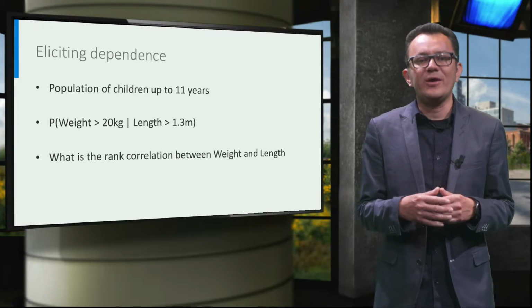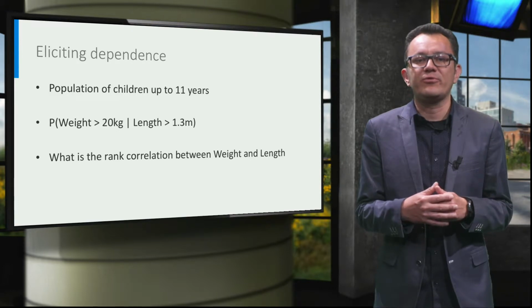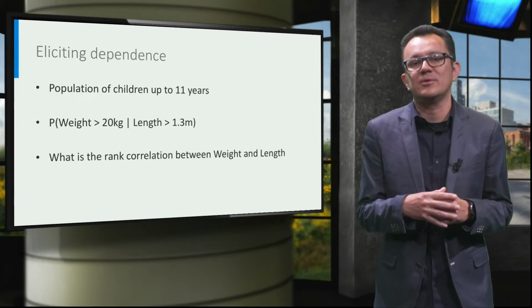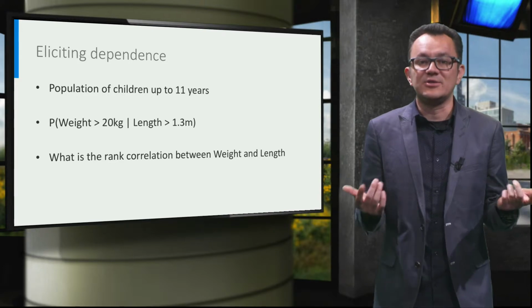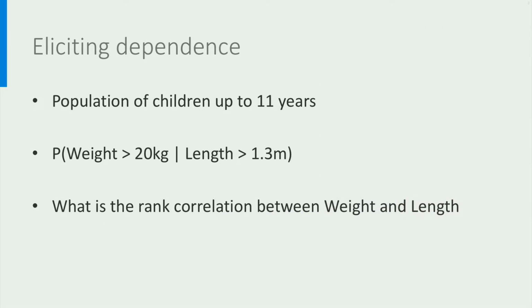But first, what is probabilistic dependence? Well, suppose you want to know something about the probabilistic relationship between weight and length in children not older than 12 years. Experts could be asked questions such as, suppose you take a random member of this population, what is the probability that her weight would be larger than 20 kilograms, given that you know her length is more than 1.3 meters?